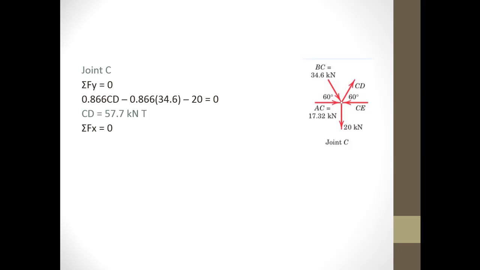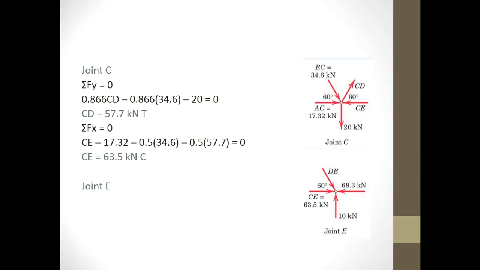And then I'm going to take the Fx to find CE, and CE is equal to 63.5 kilonewton, and it's in compression. Then I'm going to take joint E to find DE. I'm going to take the Fy to find DE, and DE is equal to 11.55 kilonewton, and it's in compression because I assumed it's in compression here. So that's it.